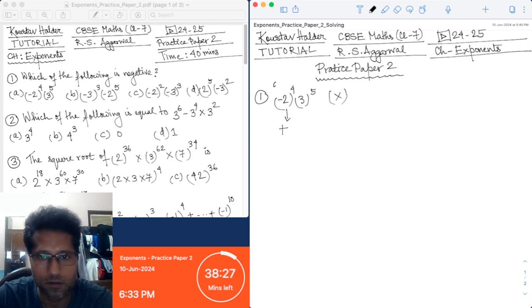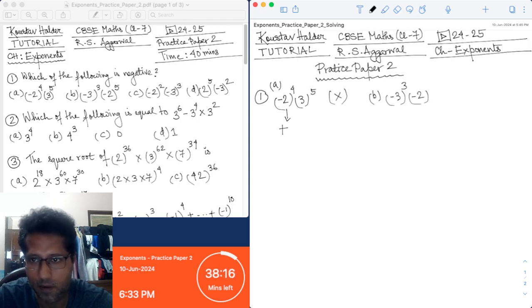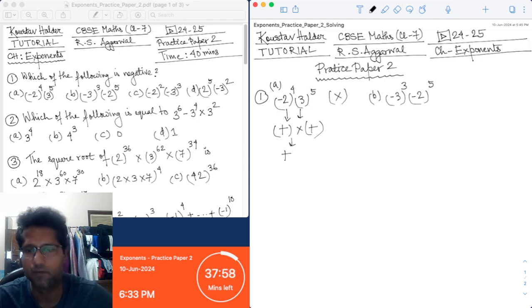Now this is A. So let's see B. B is minus 3 cube and minus 2, and so this is obviously positive, and positive multiplied by positive is positive. Now here we see both the exponentials have negative bases. Now we see this has an odd power.